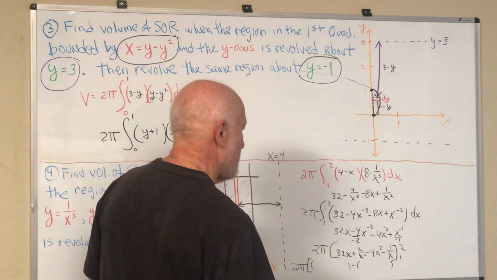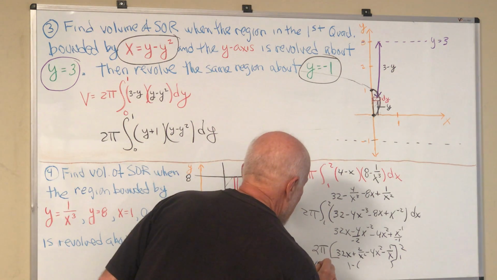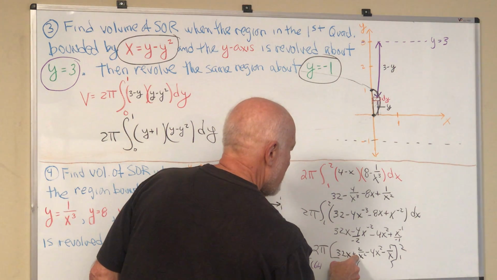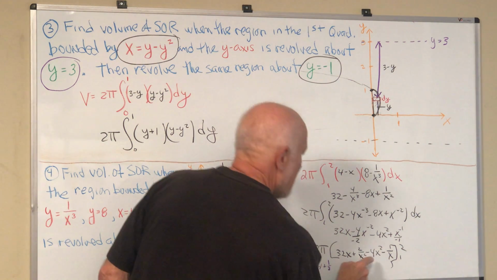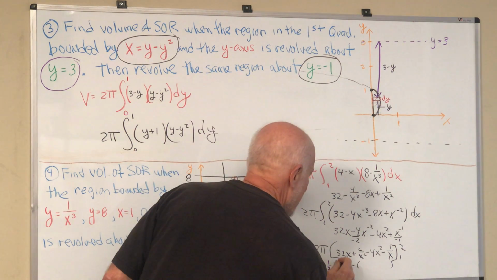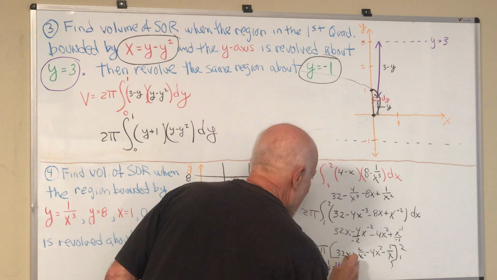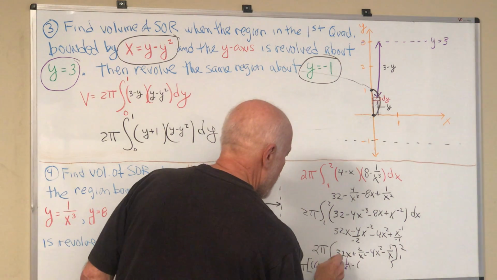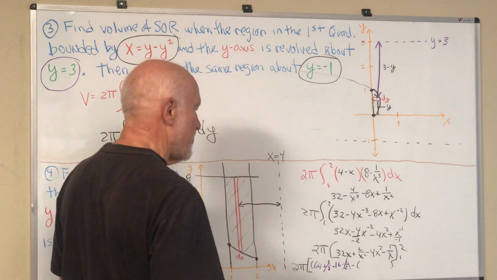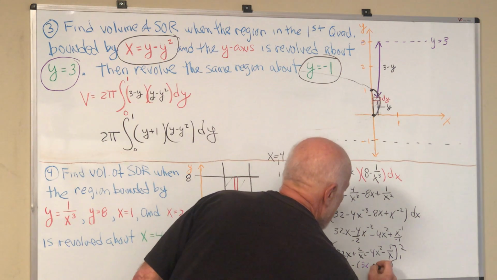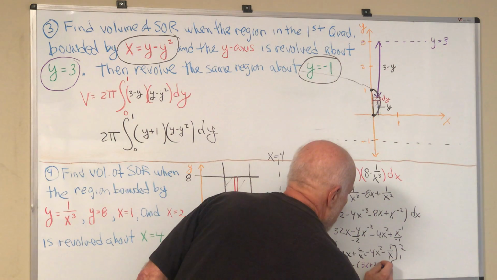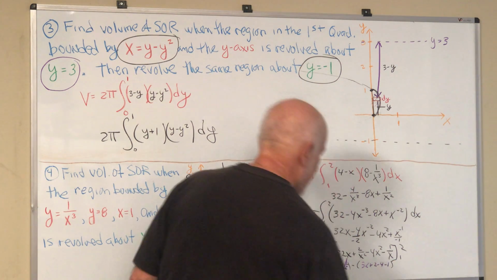So if we plug it in, we get 64 plus 1/2 minus 16 minus 1/2. So the 1/2s cancel out. When we put in 1, we get 32 plus 2 minus 4 minus 1.